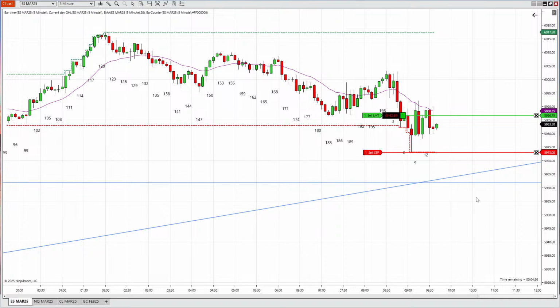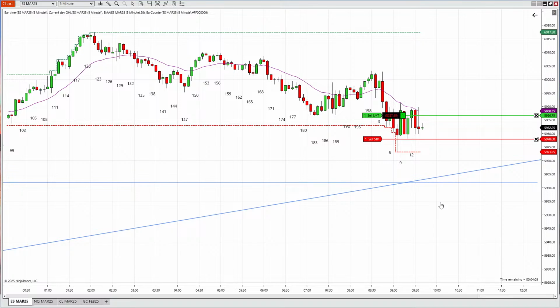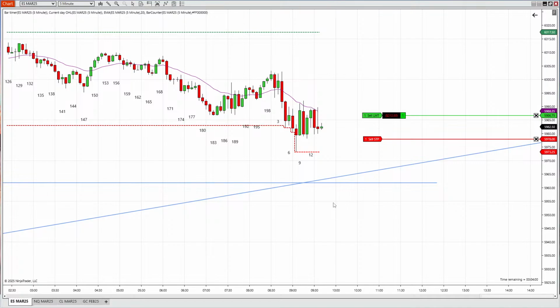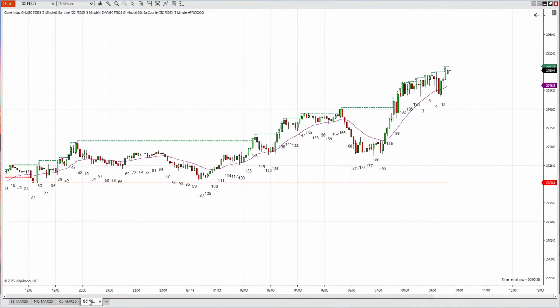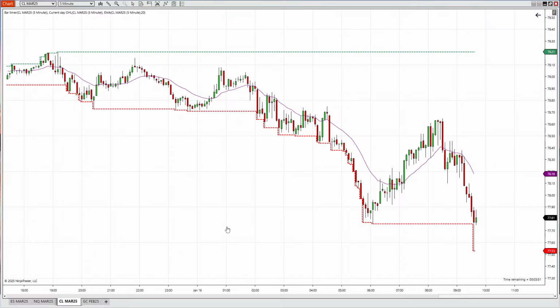If I can, I'm going to let the market pick its direction. If I want to get out of this too, I'm not going to allow it to hit my full stop either. Okay, let's keep looking. It'll do what it'll do.